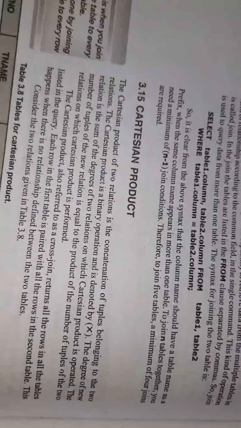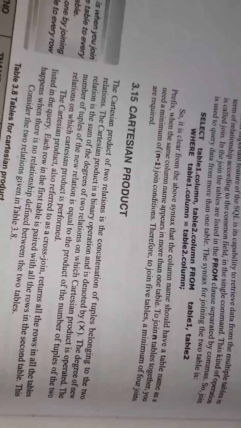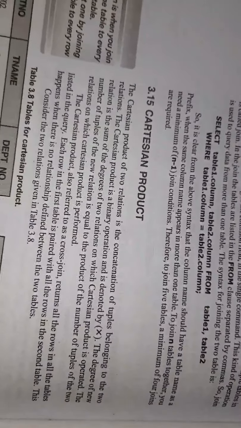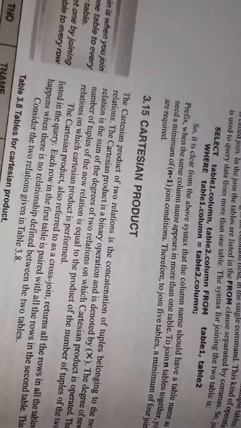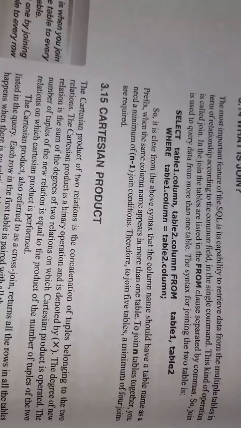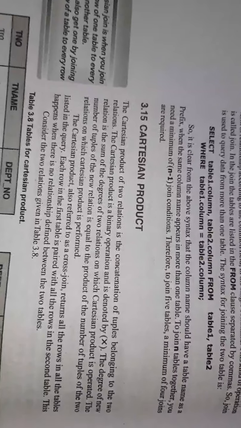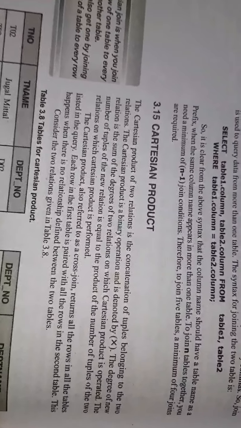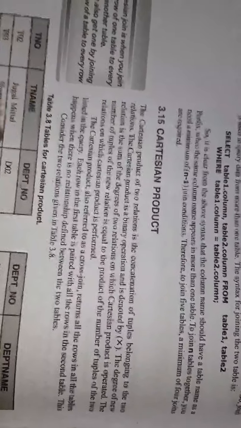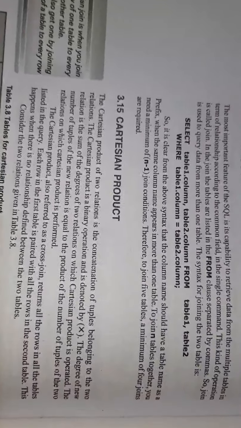That is the department number, right? In the teacher table the department number column exists, and in the department table also the department number column exists. So you can establish a relationship between the two tables using the primary key and the foreign key format, right? So you can join those two tables.